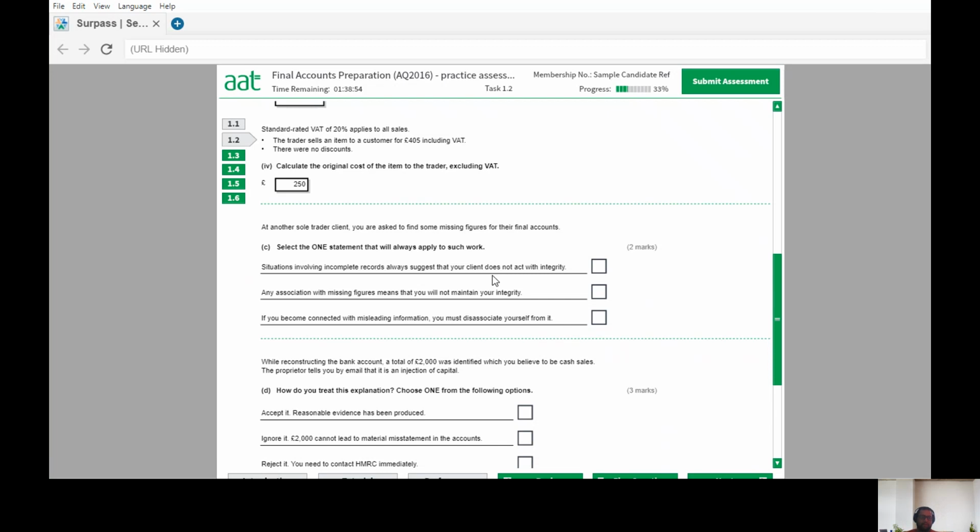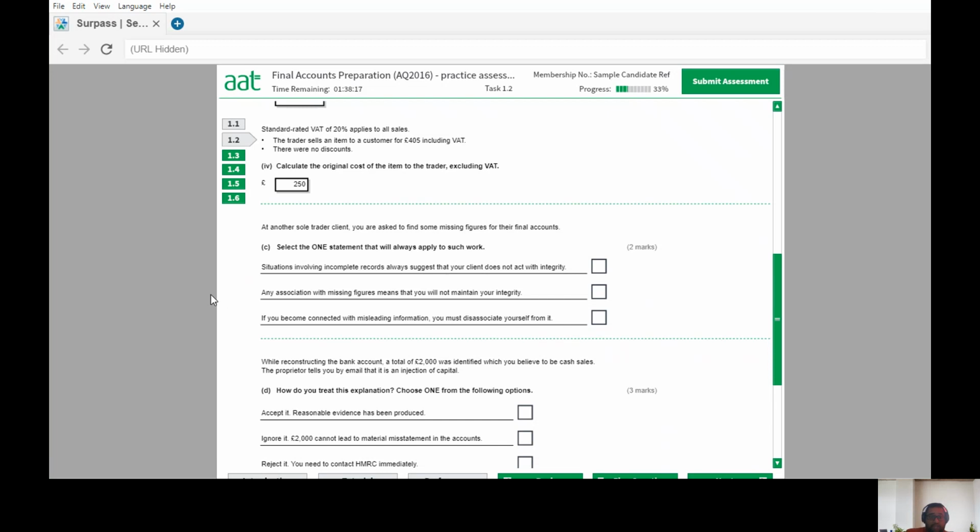Situations involving completing records always suggest that the client does not act with integrity, because the word "always" gives you an absolute reason to reject this answer, because it means the statement has to be absolutely perfect. It is not perfect, so therefore we can ignore this one.